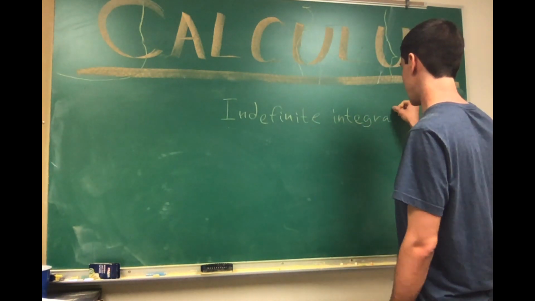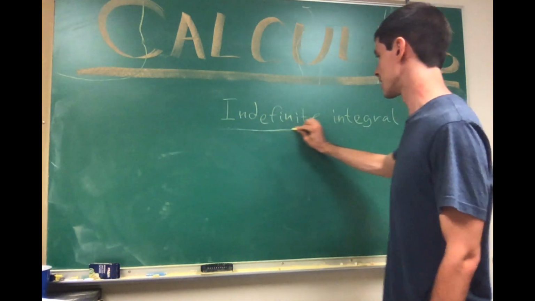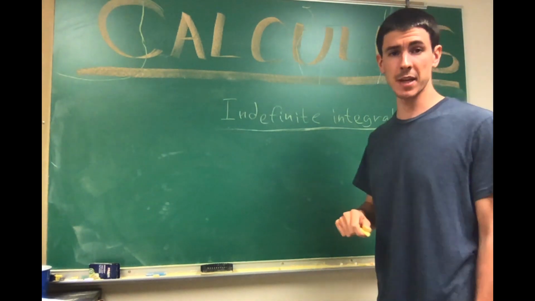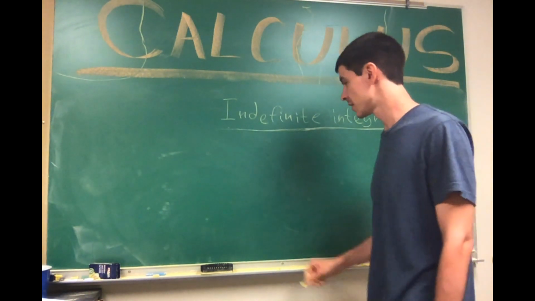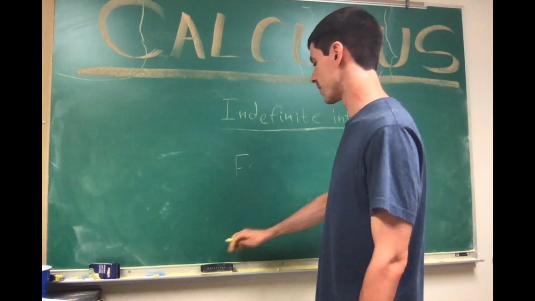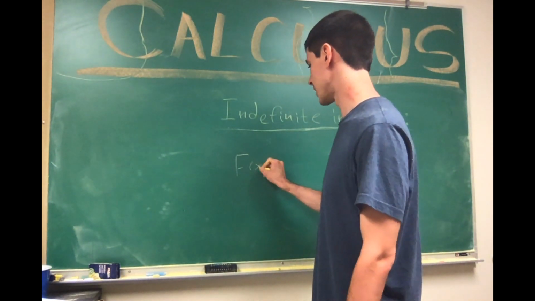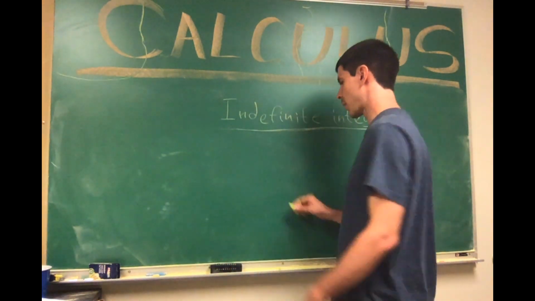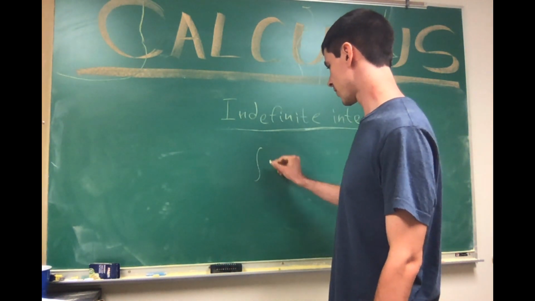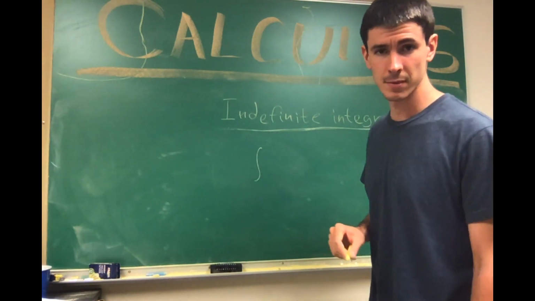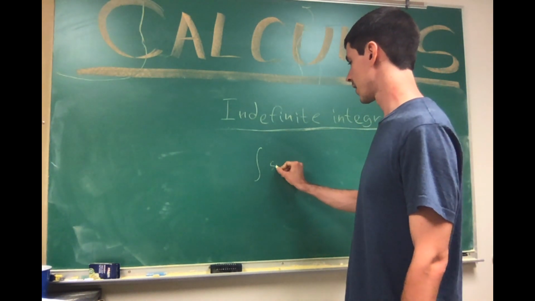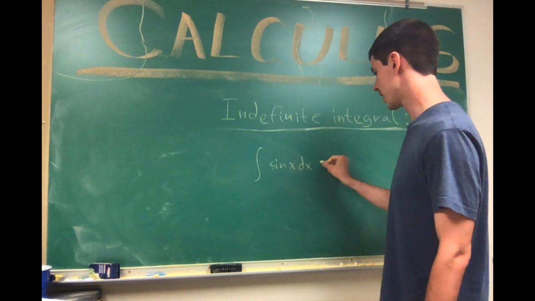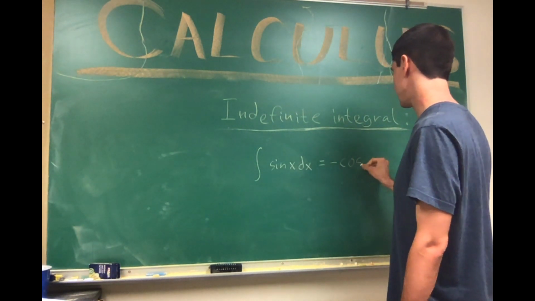Yeah, I shouldn't say that I think it's useless. It's solid. So an indefinite integral is basically what we've been calling capital F of x, but it's more of an ad hoc notation. The way that it's written, and I'll give an example, would be the indefinite integral of sine of x dx equals negative cosine of x.